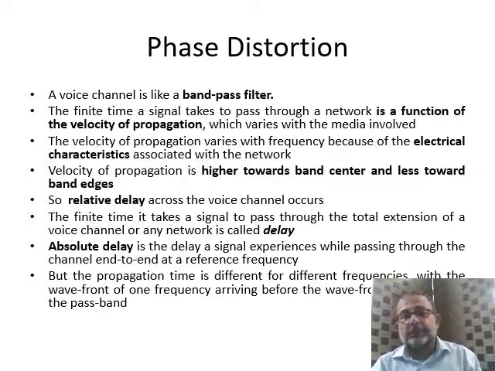It depends upon which frequency we are sending. It means that the velocity of propagation of sound is different at different frequencies. And how does that happen? It happens because of the electrical characteristics of the media in between, or of the voice channel.